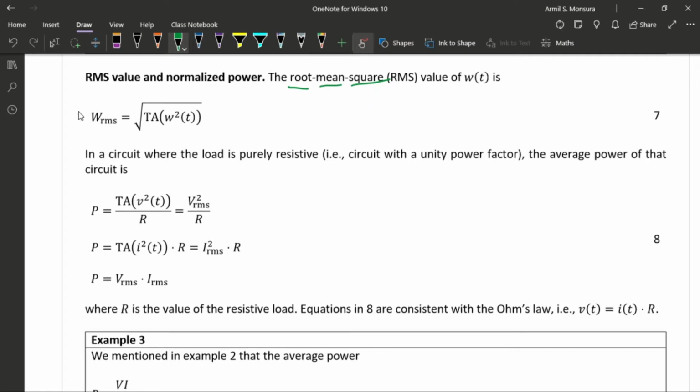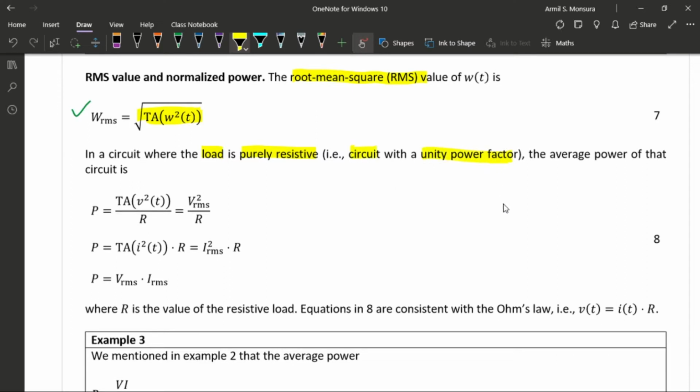Essentially this gives you the formula of finding the root mean square. So we square the waveform, find its average value, and then take the square root. Now, in a circuit where the load is purely resistive, that would imply that your circuit has a unity power factor.